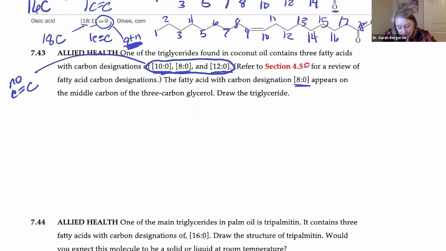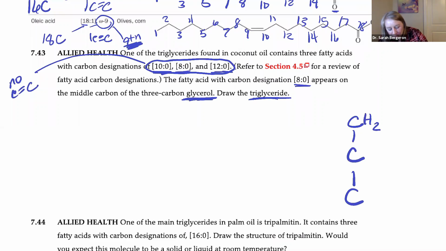So if this is a glycerol, it's a triglyceride. So start with your glycerol. Our glycerol is going to be C, C, C. That's our backbone. So we have 2 hydrogens attached to that carbon, 2 hydrogens on that one. Then we're going to have them bonded in an ester bond to our fatty acid. So that's going to be our carbonyl carbon.